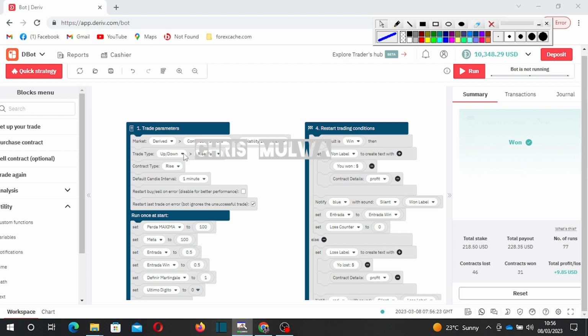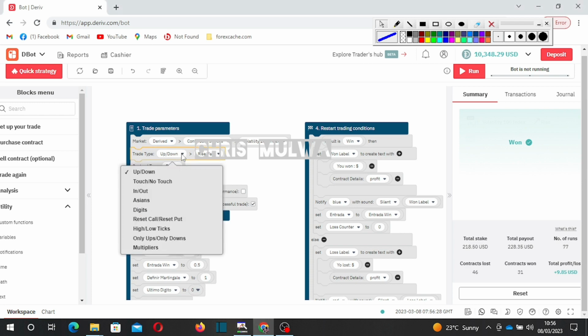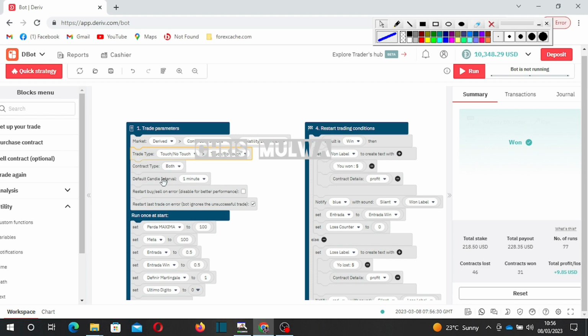So I had put up and down, but I said that I will test touch and no touch, because I know that no touch is much easier. In every contract, touching is harder than no touch. So I will select no touch. I've never used no touch, but today I will use it.